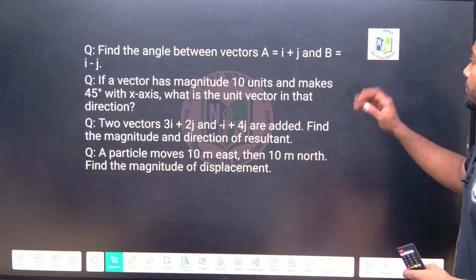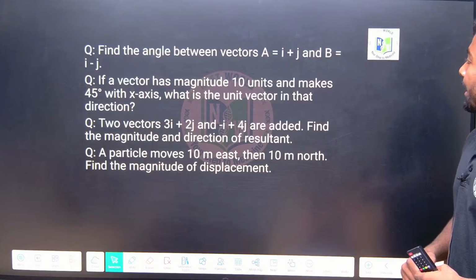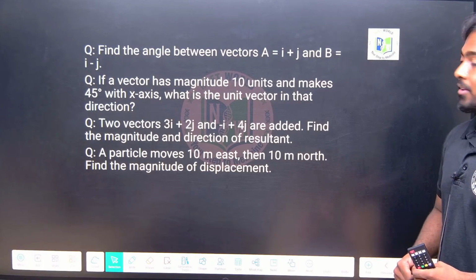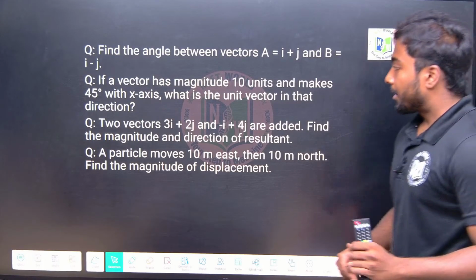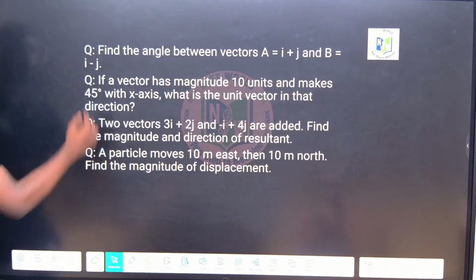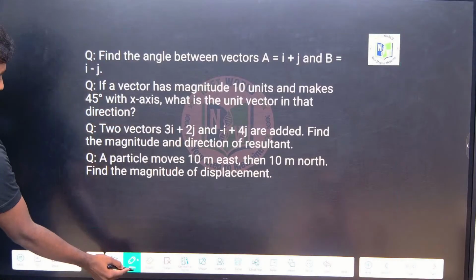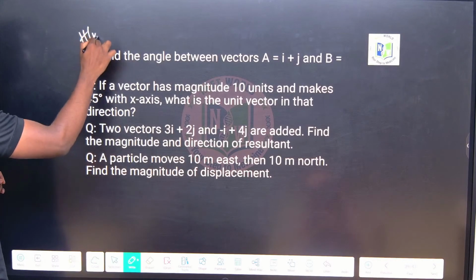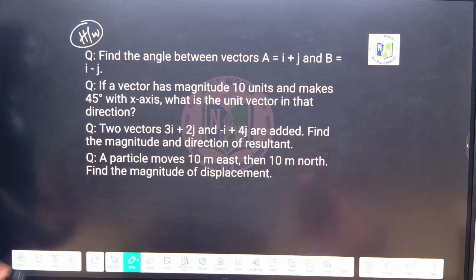Okay, find the angle between i plus j and i minus j. I'll give homework questions, you need to complete them. Question number 1, homework. Write down the question. This is the homework question. 90.